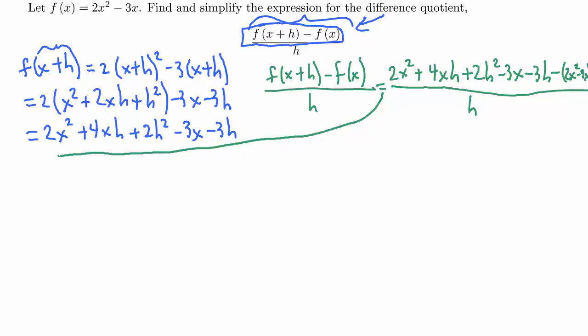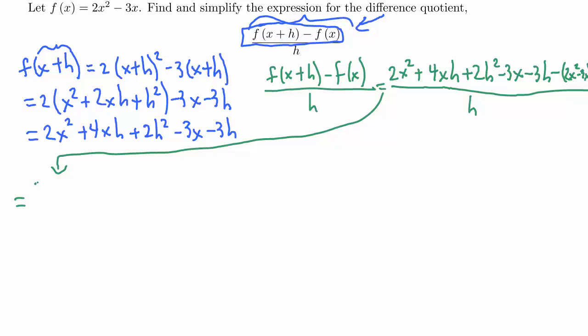So from here, I start simplifying. 2x squared plus 4xh plus 2h squared minus 3x minus 3h, there's nothing you can do, but you can distribute that negative sign into both of those terms.